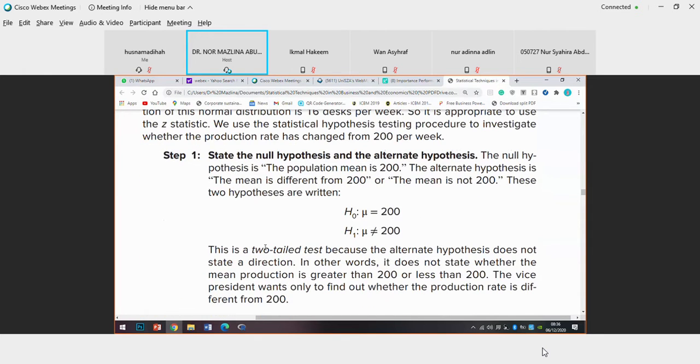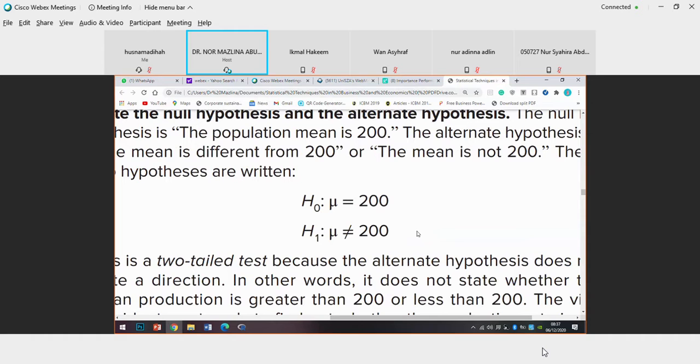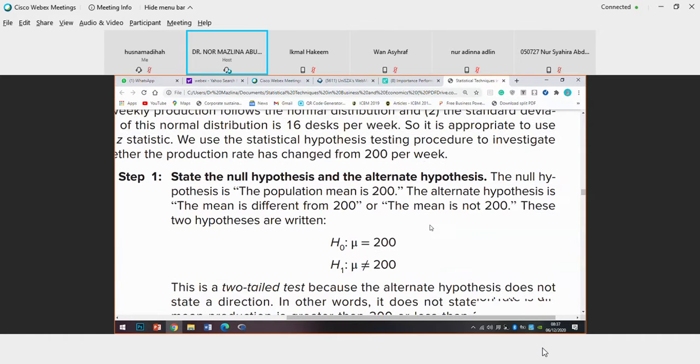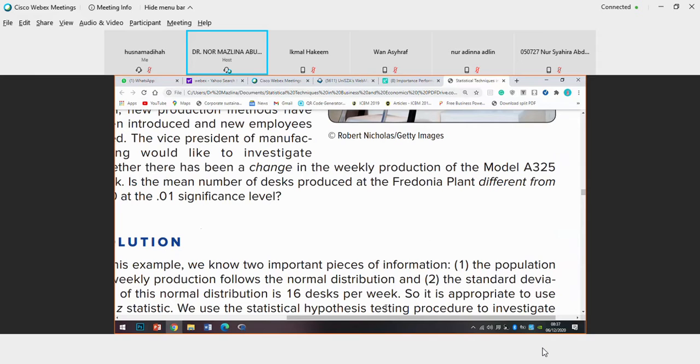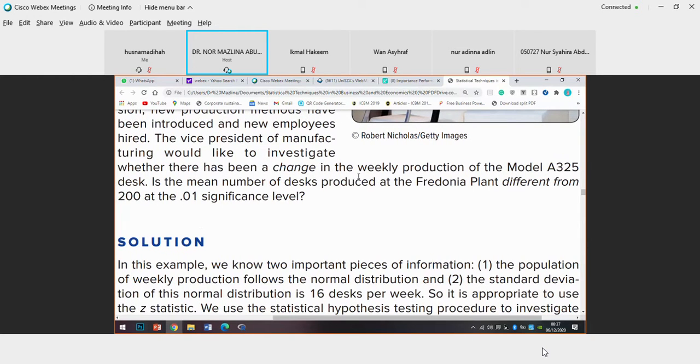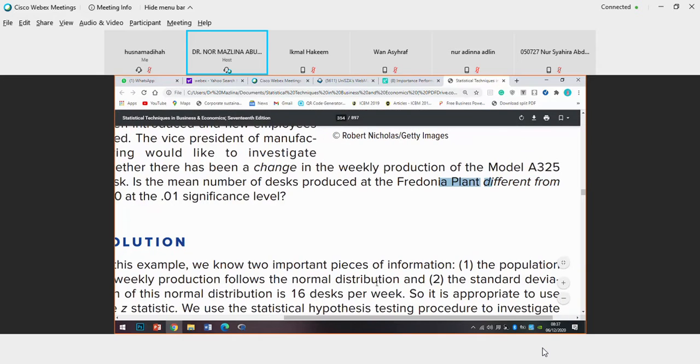Okay, and what you did last time was you make a hypothesis. This is the most important part of hypothesis testing. The first part is you need to make the hypothesis. So our statement is H1, can you see it? If you look at what you want to investigate, you want to investigate whether the mean number of desks produced is different from 200.